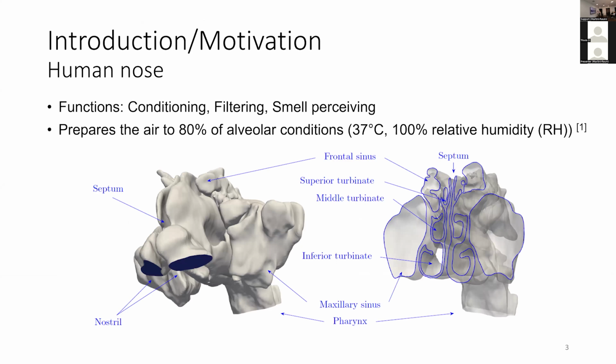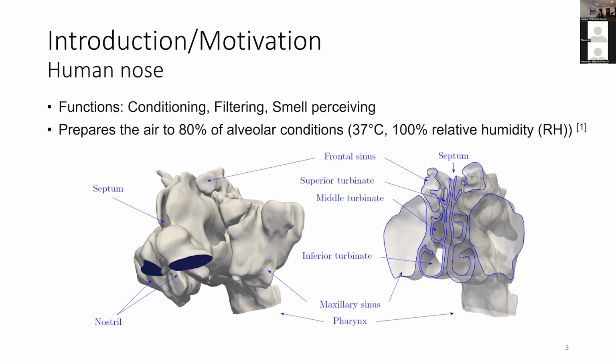So first of all, introduction: what is the human nose, or what does the nose do? We heard lots of interesting facts already and introductions in the previous talk. So I guess maybe I don't have to go through everything, but just to give those that are not so familiar with the nasal cavity a brief overview about the different parts and what's important in the nasal cavity flow.